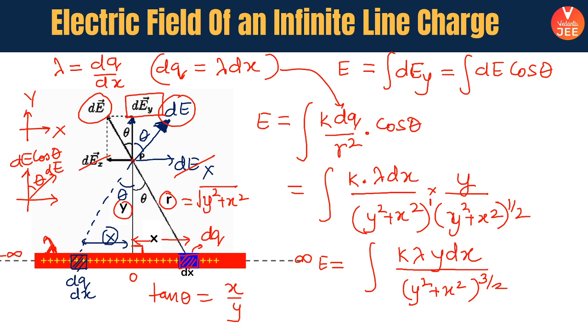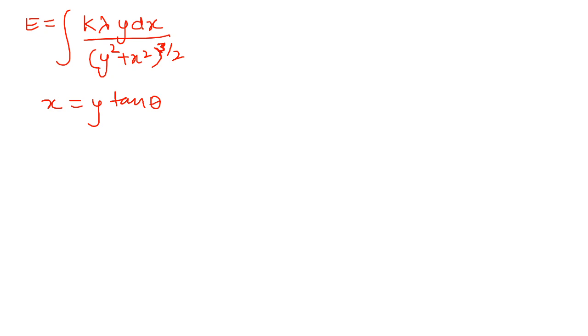Y will not change. Okay, so now in the expression I'll be able to replace x as y tan theta, but I'll need to replace dx as well. So what is dx going to be? Dx is going to be y times tan theta's differentiation, which is sec square theta d theta.